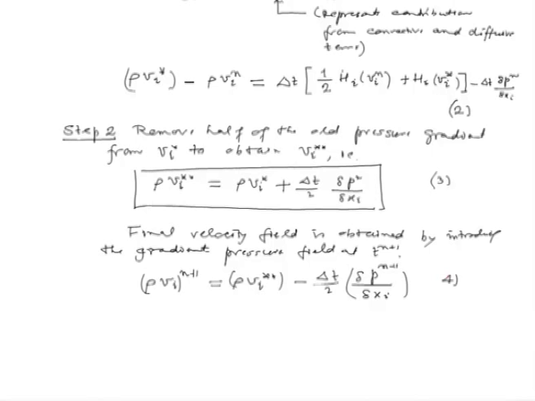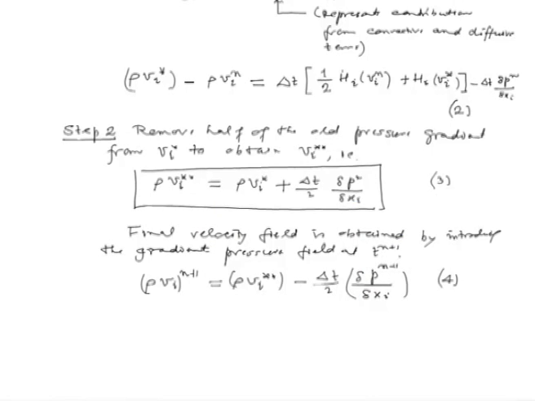Let us call this equation 4. Before we can use this formula to compute V i n plus 1, we ought to know what is P n plus 1. So, how do we do that? For that, let us derive a pressure Poisson equation. So, V i n plus 1 must satisfy the continuity equation.